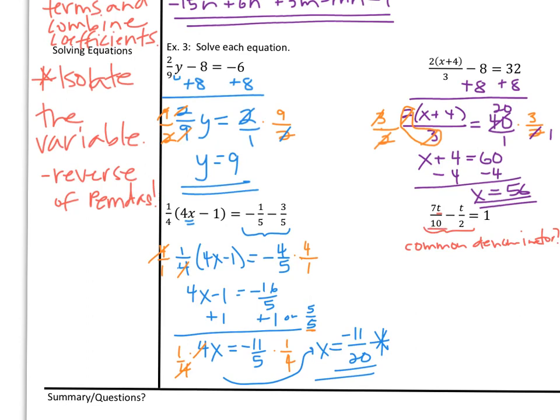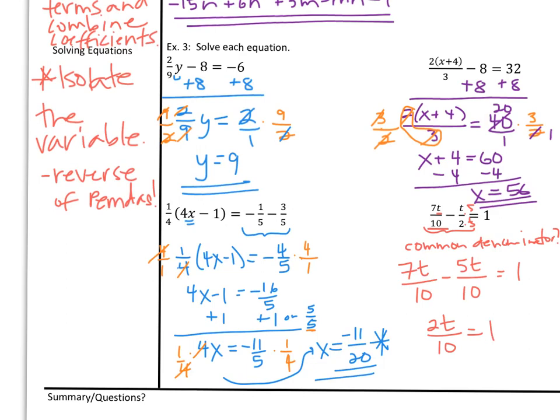What that means is we can keep 7t over 10 the same. And for t over 2, if you multiply the top and bottom by 5, that would be 5t over 10. And now we have a common denominator. 7t minus 5t, we just combine the coefficients, would give you 2t over 10 equals 1.